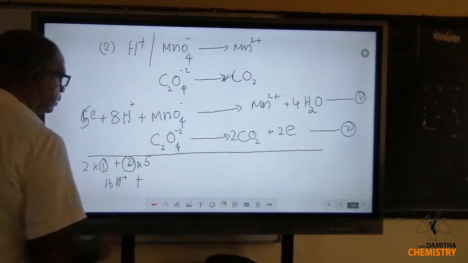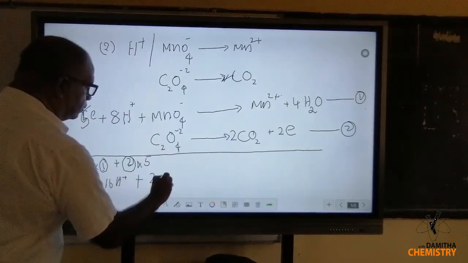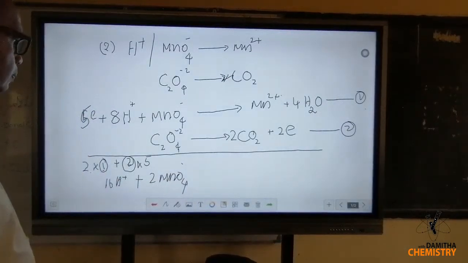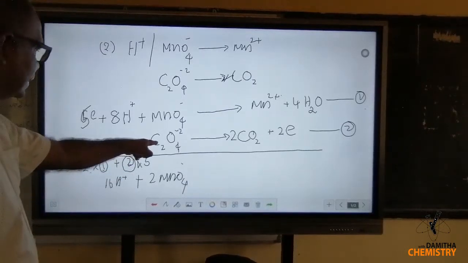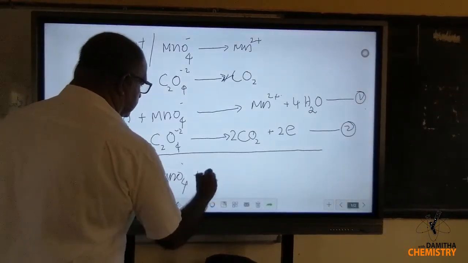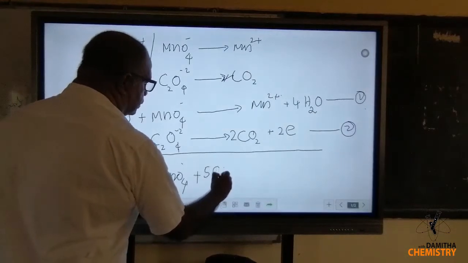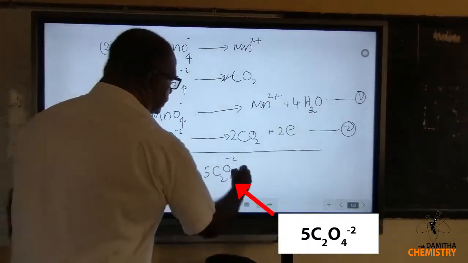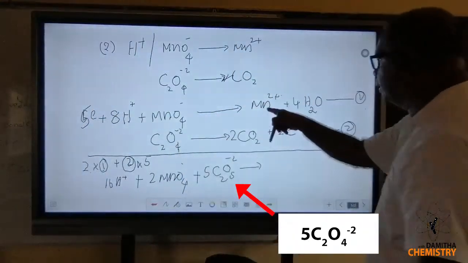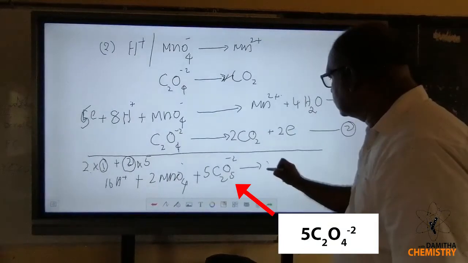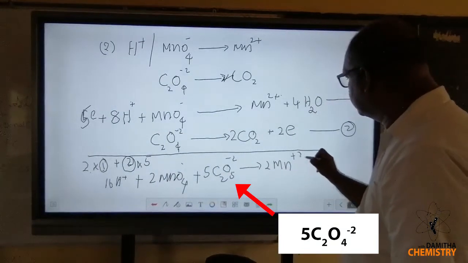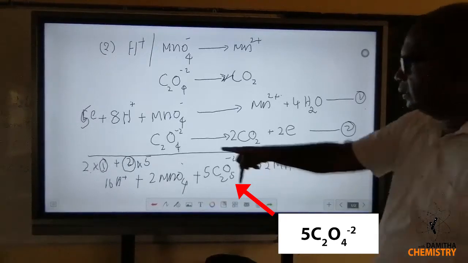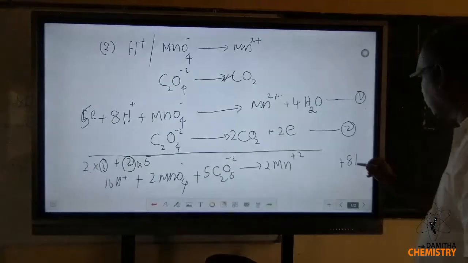Now, 2 MnO4-. Second, oxalate into 5: 5 C2O4 2- gives 2 Mn2+. Now, how many water? 2 into 4, 8 water.